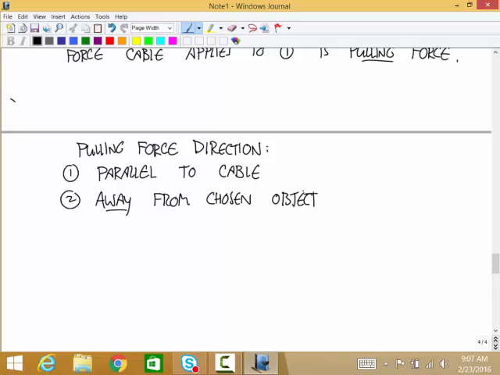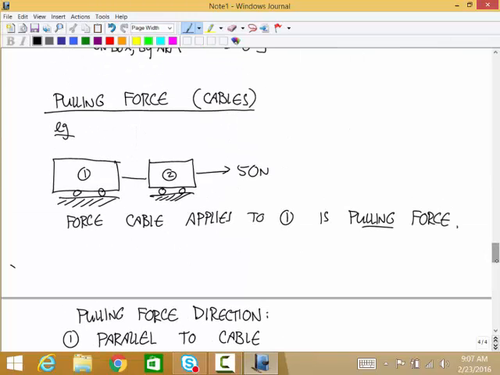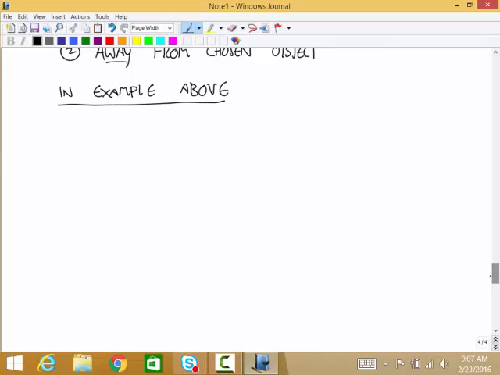Okay, so in the example above, I'll do a free body diagram of cart 1 and a free body diagram of cart 2. So box 1 has a weight force.